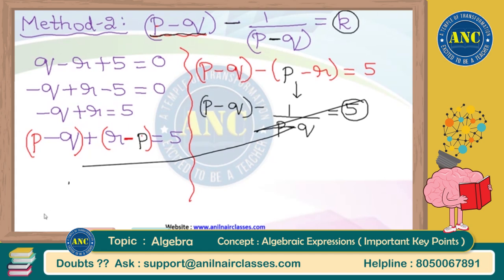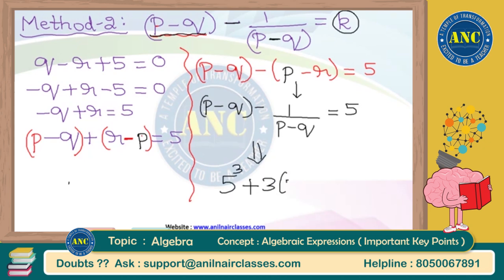That means p minus q whole cube minus 1 divided by p minus q whole cube can be easily found as k cube plus 3 times k, which is 5 cube plus 3 into 5. The answer for this question is 140 by using method 2.